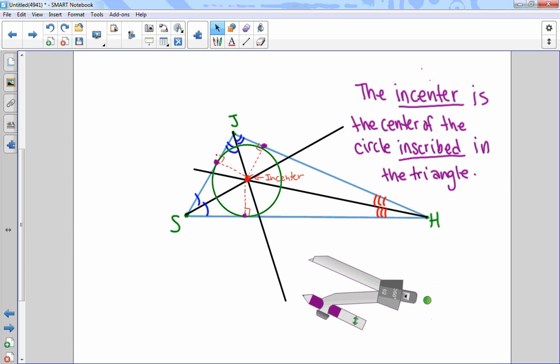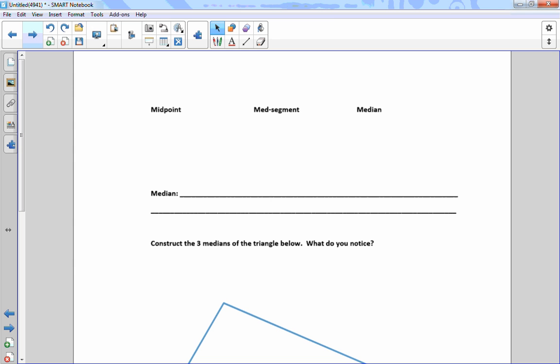Okay, flip over to the last page. No, that's not last page. The one that says midpoint, mid-segment. And there's a typo. I put mid. It's mid-segment. Mid-segment. Okay, we've already learned midpoint vocabulary and mid-segment vocabulary.